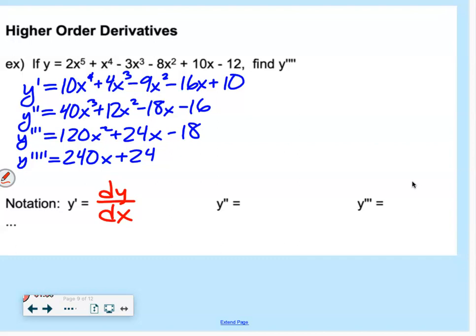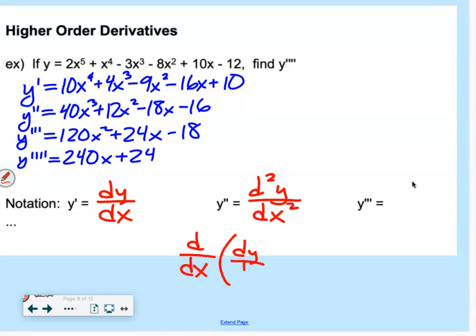Y double prime is funky. You have to get used to it. D squared y over dx squared. When you see d squared y dx squared, that is the same thing as y double prime. It just means second derivative. The reason that they use this is because this is technically d dx of dy dx, the derivative of dy dx.